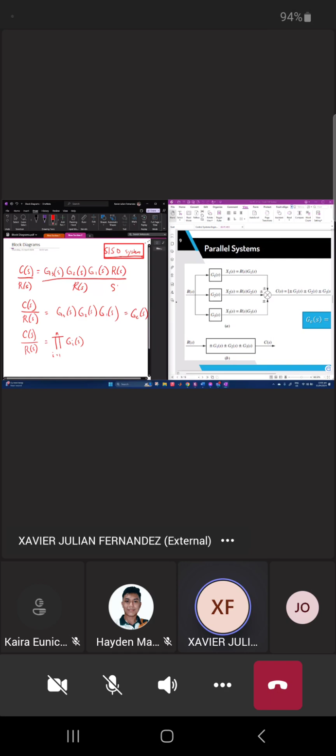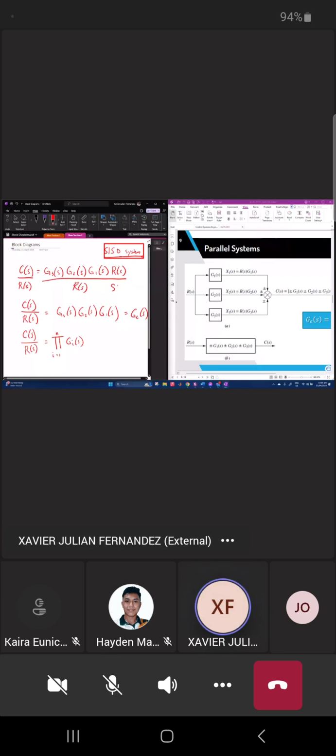Sometimes we will have multiple inputs, but we can aggregate the multiple inputs into one input, maybe through a summer or a summing junction, or we aggregate them by any transformation method.